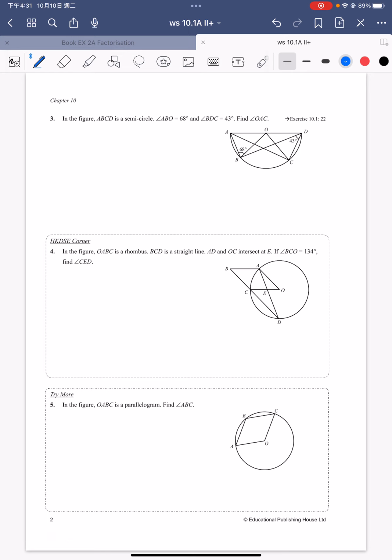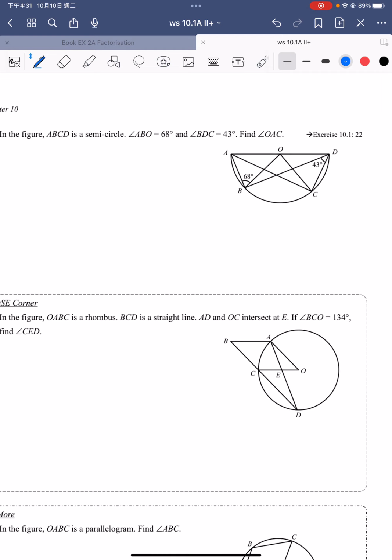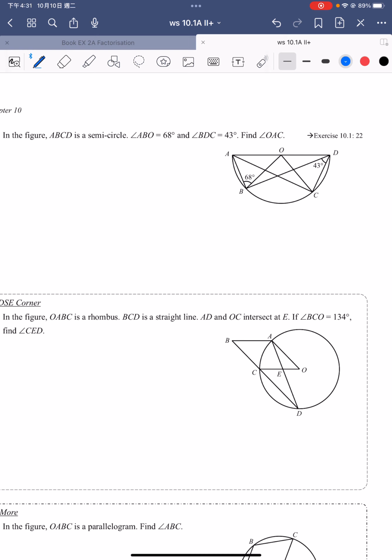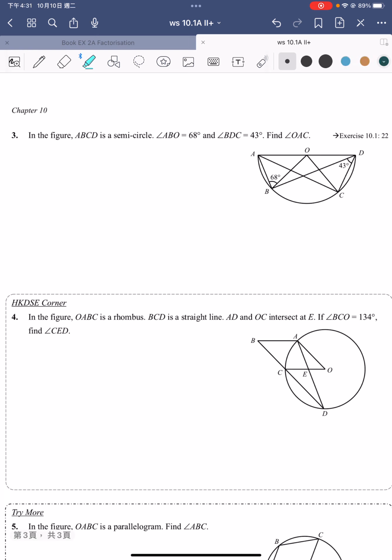That's the half circle. Actually, we got some theory on the next part, but in this exercise, we don't need to use that theory directly. But if you look carefully, we now have a semicircle, and we have the angle ABO is 60 degrees, and we have the angle BDC is equal to 43 degrees.